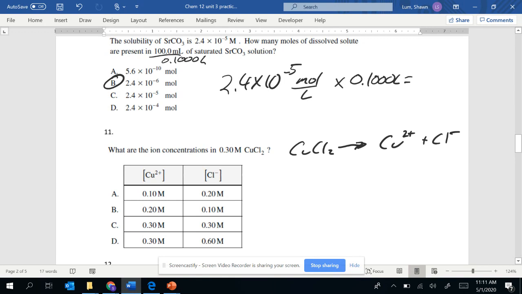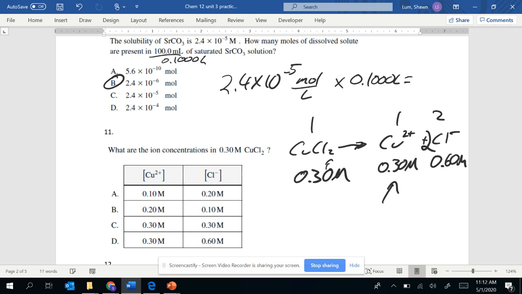This is not a balanced equation because of that 2 right there, so I need to place a 2 right here. So again, if this is 0.30 molar, since it's a 1 to 1 to 2 ratio, this is going to be 0.30 molar. And that means this is going to be 0.60 molar. So anyways, that answers the question right there. Cu is that one, and Cl is that one. So the answer is here.